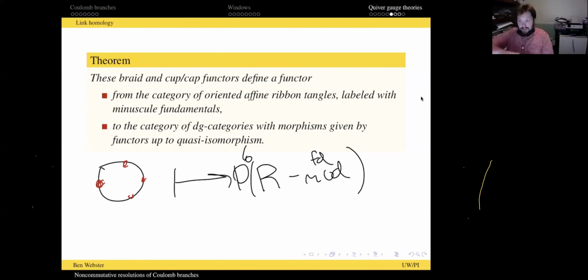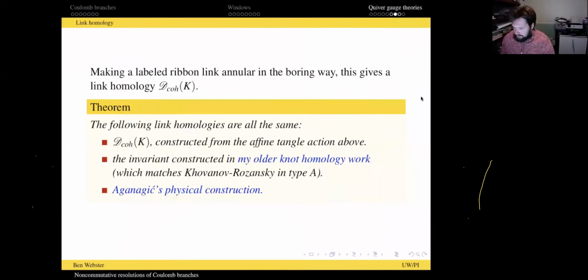And then every affine tangle joining those gets sent to a functor between these categories. Using this, you can compare Mina's work with my older non-homology work, and in particular compare that with Monoverzonsky in type A. But since Mina brought it up, I should say this is over C.